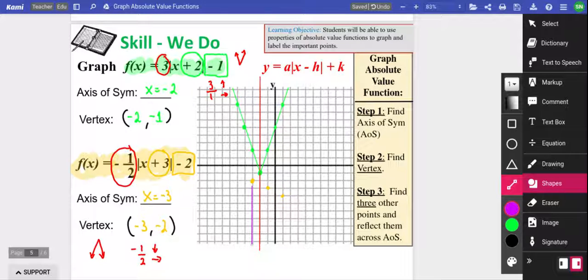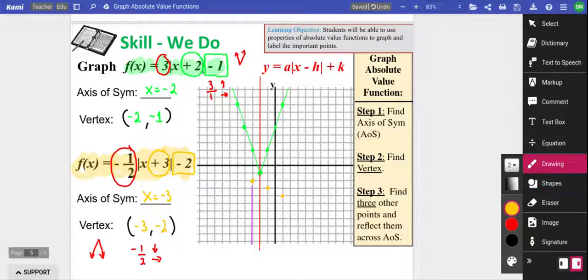So we have to reflect everything across that line. Similarly to how we did it on the other one, this point is 2 units away from there. Therefore, we need to move 2 units away in the opposite direction to get the other point. Repeat the process for the other points, and we get this is another one. This is another one that goes with that, and so on.